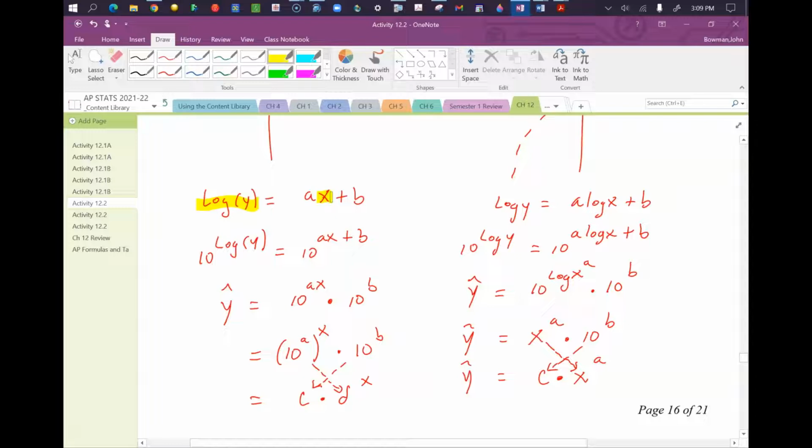In doing so, you'll get an exponential relationship. On the other side, we're finding a linear equation in terms of log y and log x, and solving for y, and in doing so, you'll get a power relationship like the example that we had.